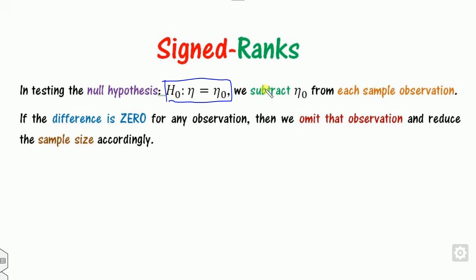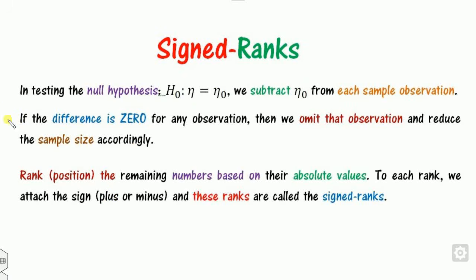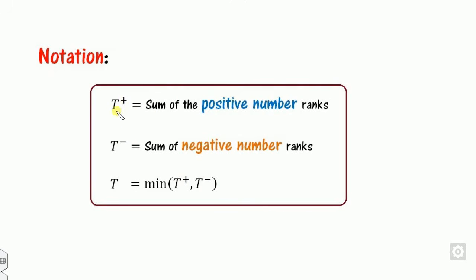We subtract this quantity from each observation. If H0 is 5, you subtract 5 from each observation, and if any difference is 0, then we omit that observation and reduce the sample size. I use the notation T positive for the sum of the positive ranks, T negative for the sum of the negative ranks, and T is the minimum of them.